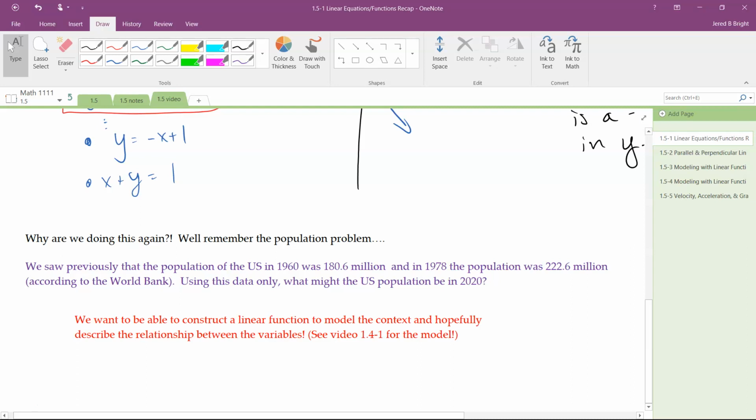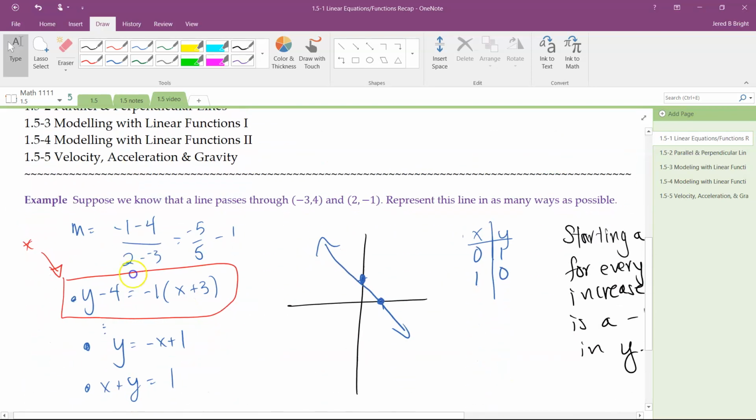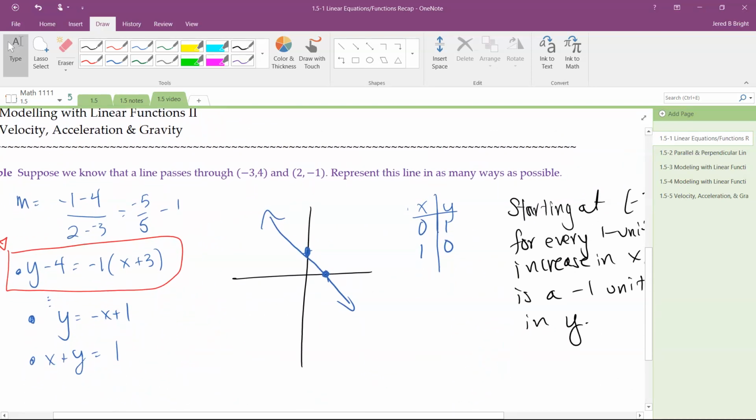We just happened to use y and x, and so you could continue to use that model that we generated there to answer additional questions about the scenario. Okay, so that's kind of the premise that we're going to work in. We're still working with linear functions, as you can see, in all their various representations. We are just going to now focus more on the contexts.